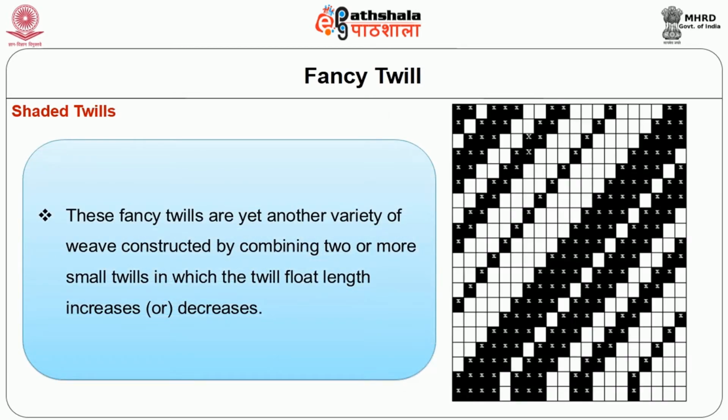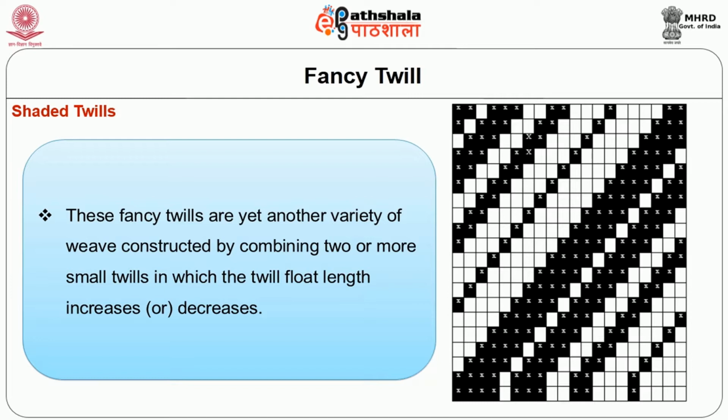The second variety of twills are the shaded twills. These fancy twills are yet another variety of weaves constructed by combining two or more small twills, in which the twill float length increases or decreases.